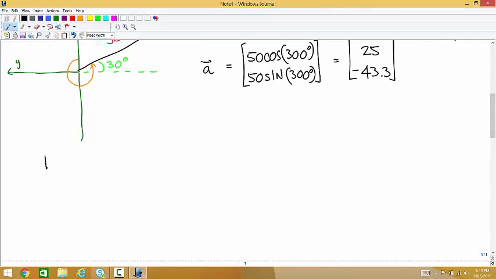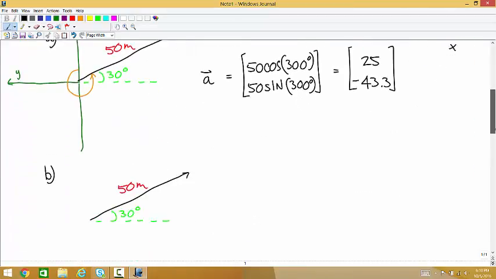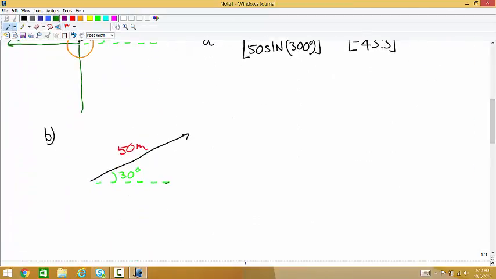Okay, so now part B. So there's the vector again. That doesn't change. And now the positive y-axis goes this way. The positive x-axis goes this way. And so the angle that we want is from the positive x-axis to the vector. That's 90 to get here, plus another 30, so 120.